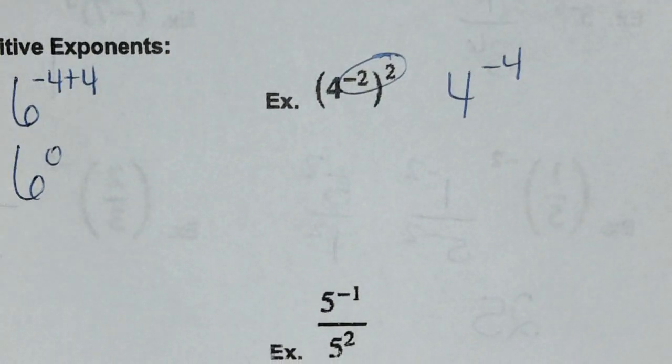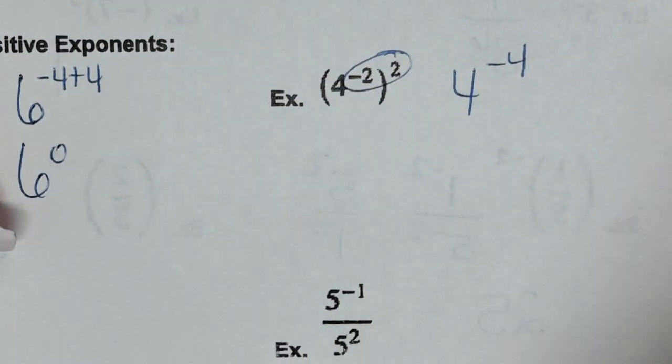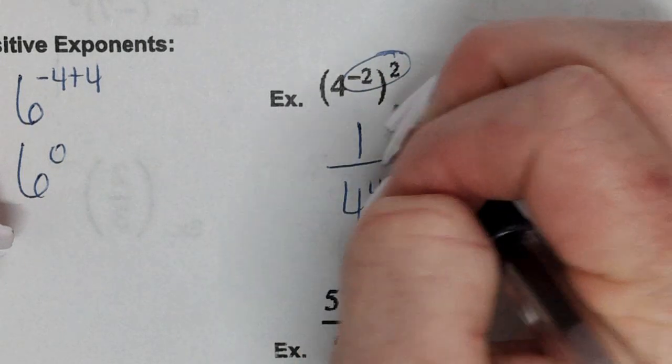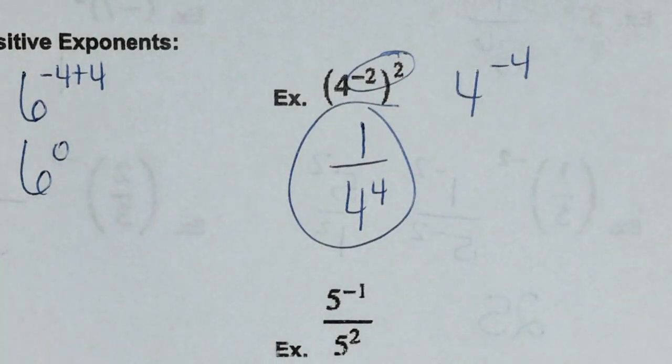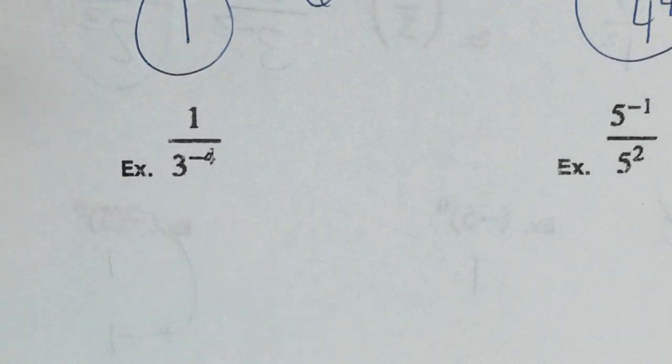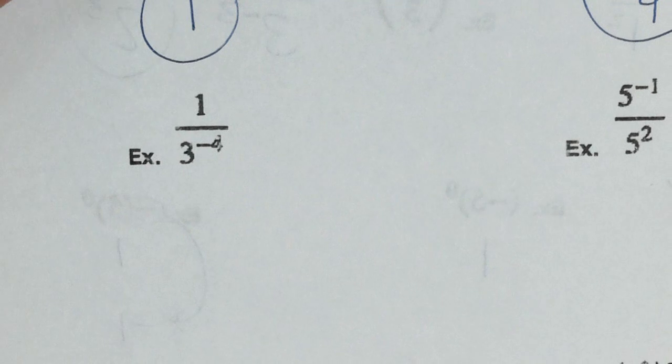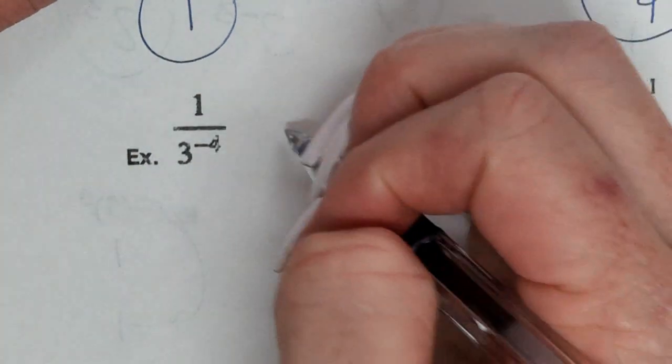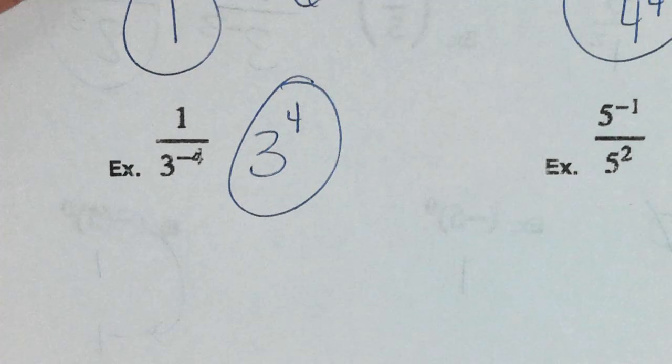No. So what am I going to do? 1 over 4 to the 4th. Yes, you could expand that, 4 times 4 times 4 times 4, but because there are no variables, we'll just leave it alone. This one, what do I do? Put it on the top. Put it on the top, 3 to the positive 4.